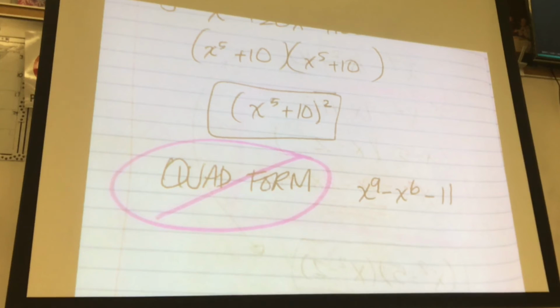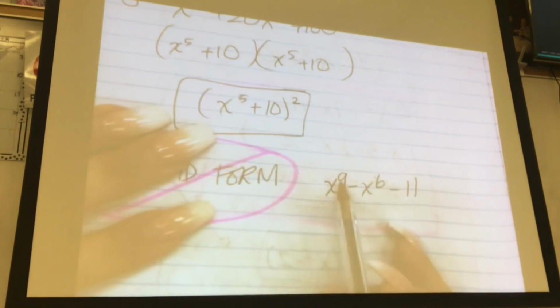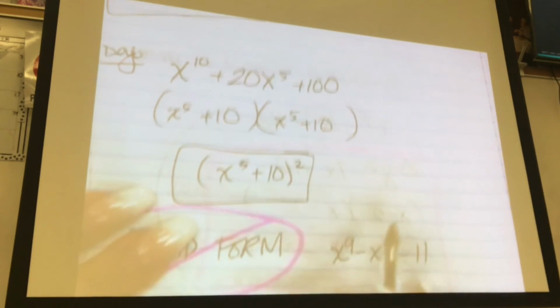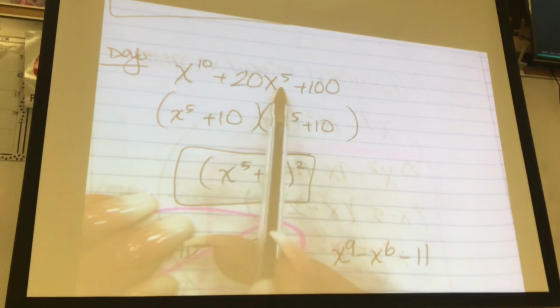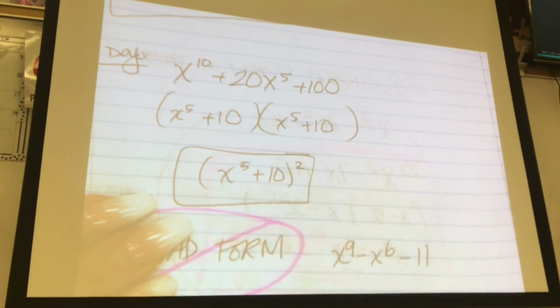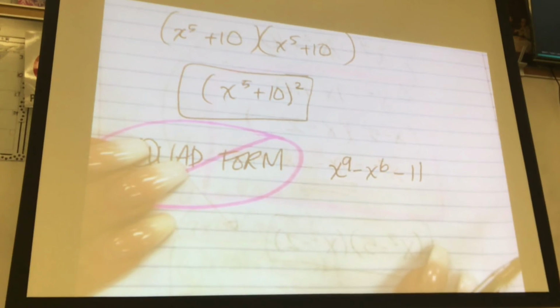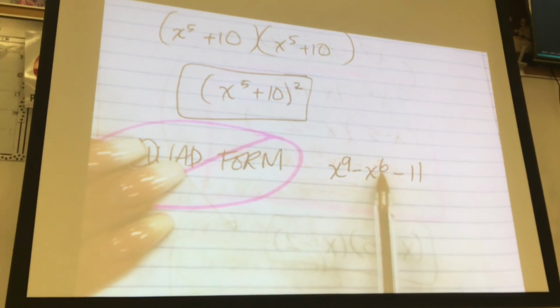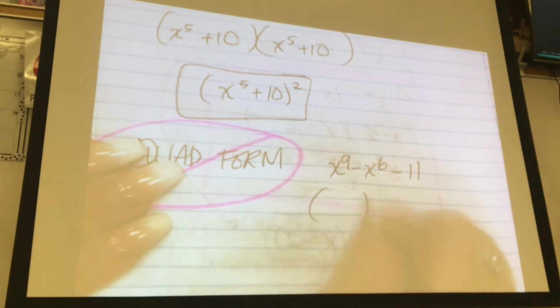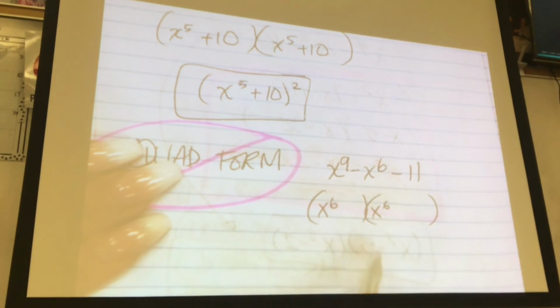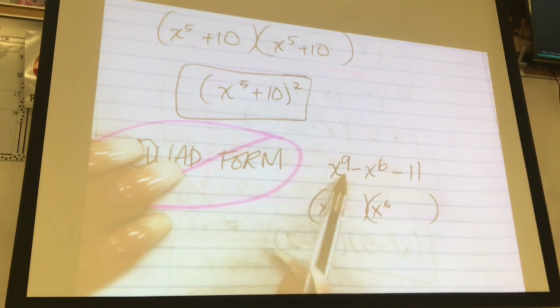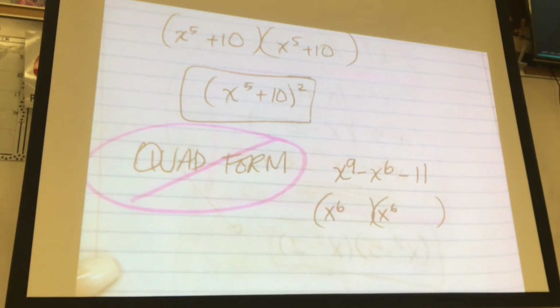Okay, that's a great explanation. That's one good reason. Remember, this had to be divisible by 2? Here's your 10. You divided it by 2, which happened to be the middle term, right? What's another explanation? X to the 6th, when you put it for the a value in the beginning and you add both of them up, it will give you x to the 9. So if you have x to the 6th times x to the 6th, does that equal x to the 9th? No. So quadratic form won't work for this.